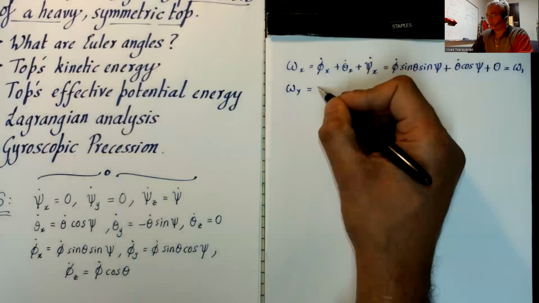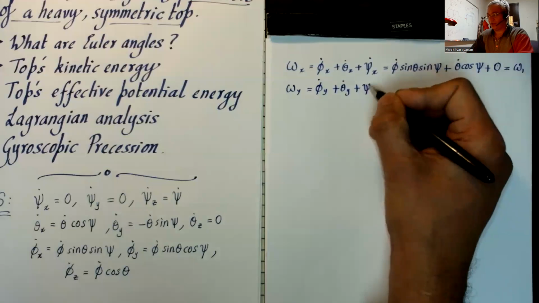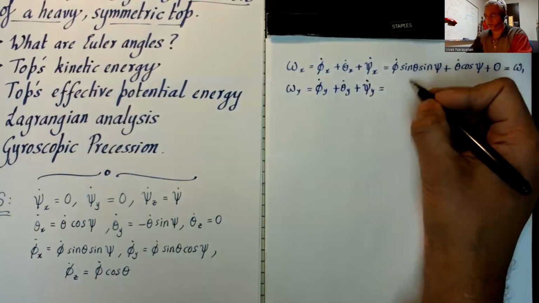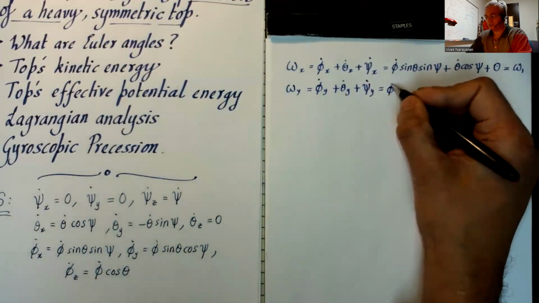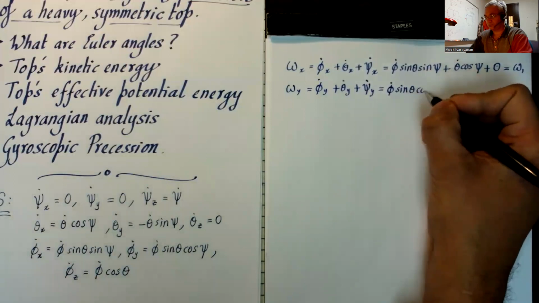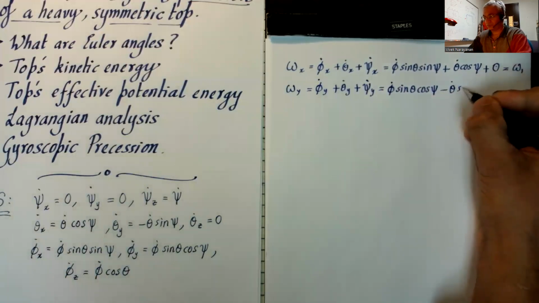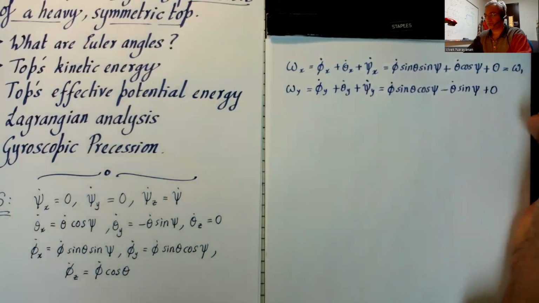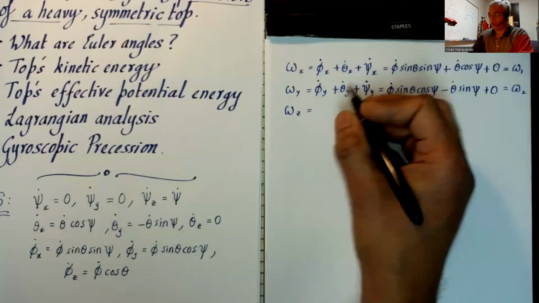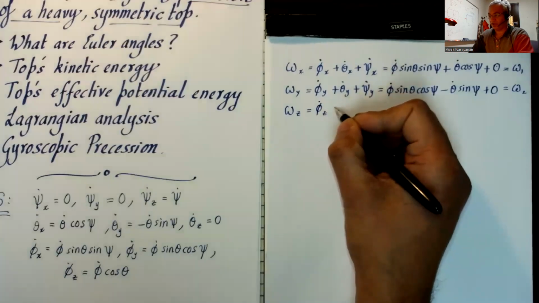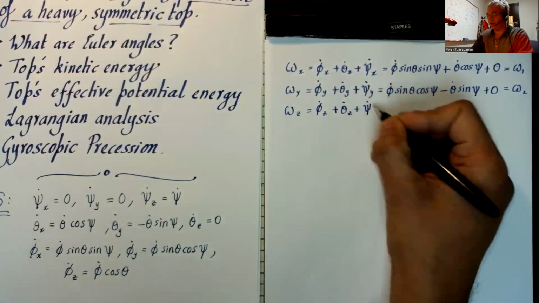So omega y would be phi dot y plus theta dot y plus psi dot y. Again, copying from here. And I'll call this omega 2. Lastly, omega z, which is phi dot z plus theta dot z plus psi dot z.